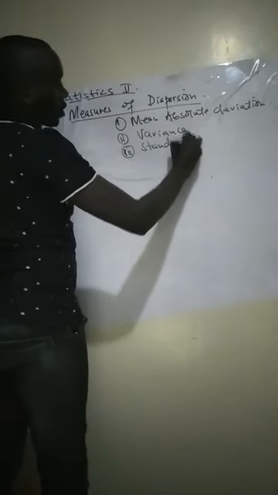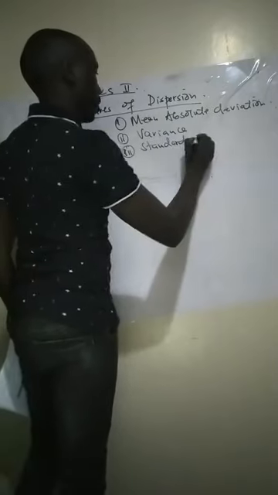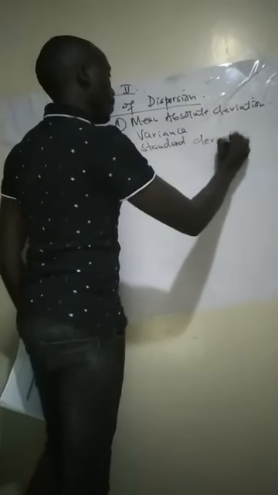Let me do them in that order to make it easy for all of us. So these are the 3 measures of dispersion we shall be talking about. And I am going to use an example to discuss each one of them. But it is not something that is very, very important. It is a formula.